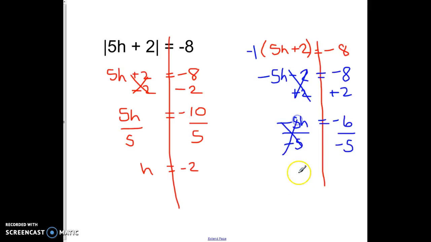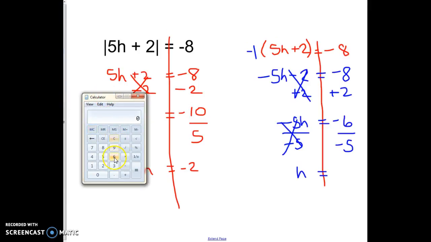These got canceled, so we are left with h equals. Here we could leave this answer as an improper fraction, but remember, a negative divided by a negative gives us a positive. And if we wanted to turn this into a decimal, we could do that. I can bring up my calculator here.